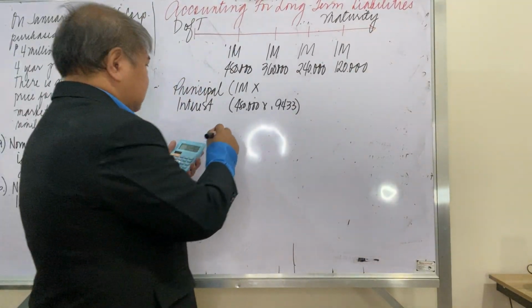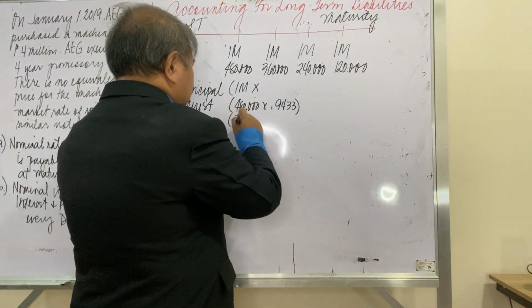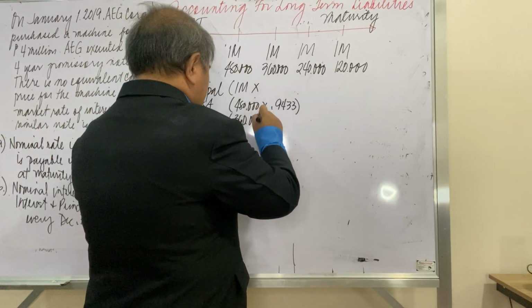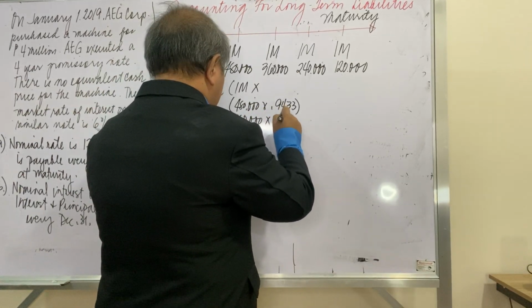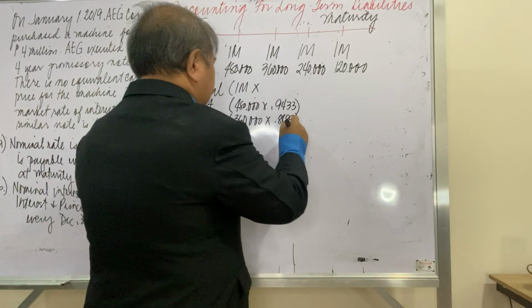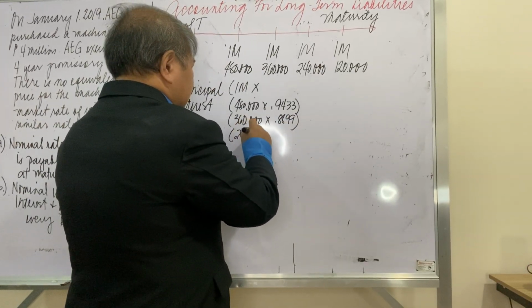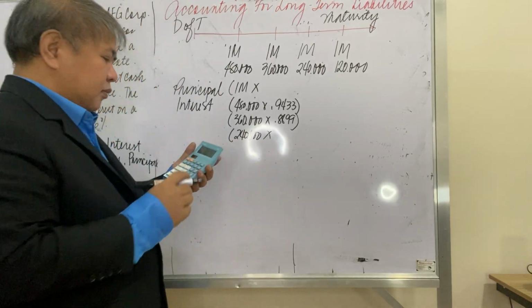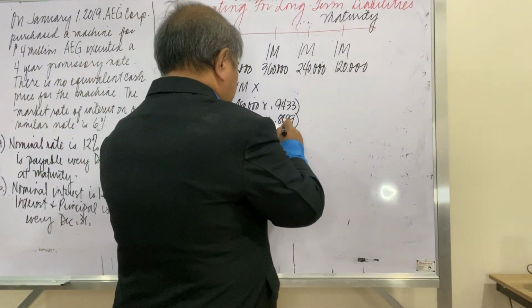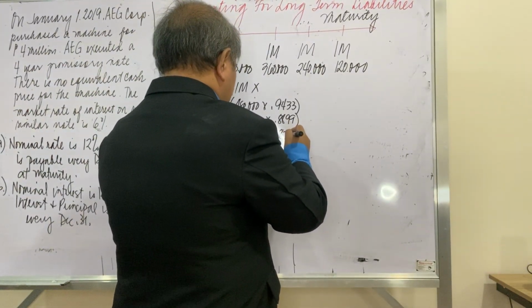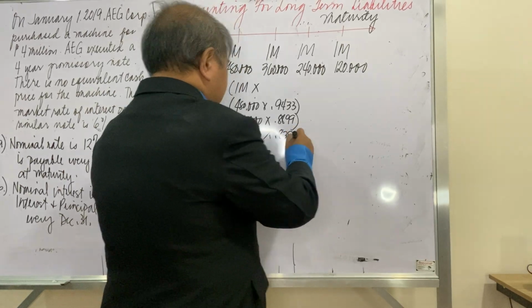Then next one, this is 360,000 times 0.8899. Then next, 240,000 times 0.8396.